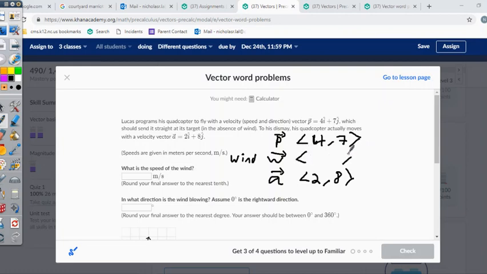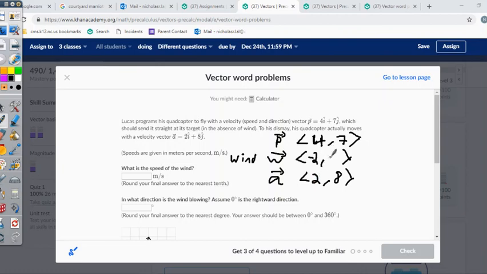All right? Well, if the quadcopter flew with a horizontal component of 4 without the wind, and then with the wind had a horizontal component of 2, the wind must have a horizontal component of -2, because only -2 could you add it to 4 to get +2.